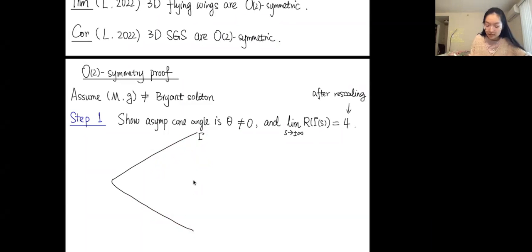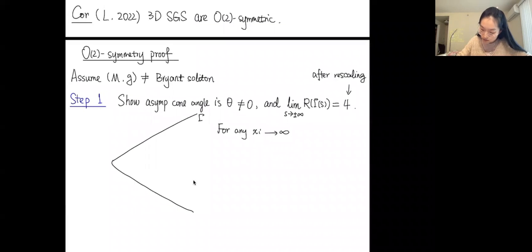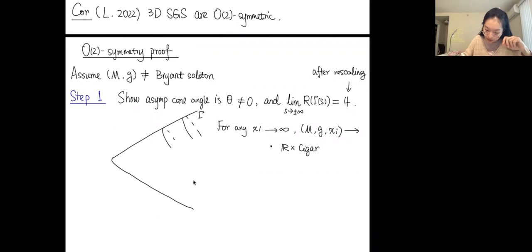Okay. We also studied the asymptotic geometry of this soliton at infinity. We can show that for any sequence of points going to infinity, the pointed manifold, without any further rescalings, will converge smoothly to either R cross cigar, which you can guess happens along gamma.